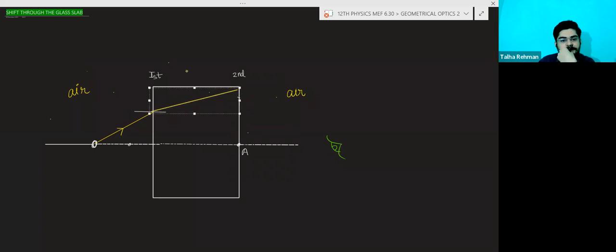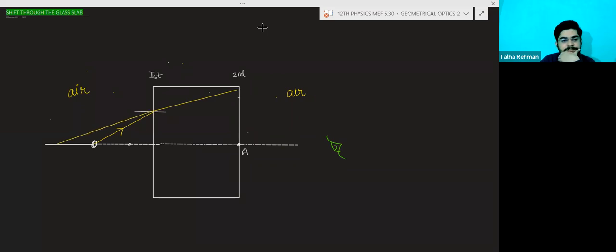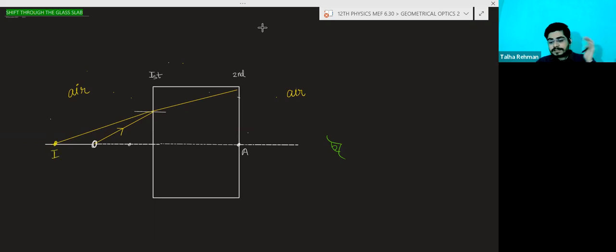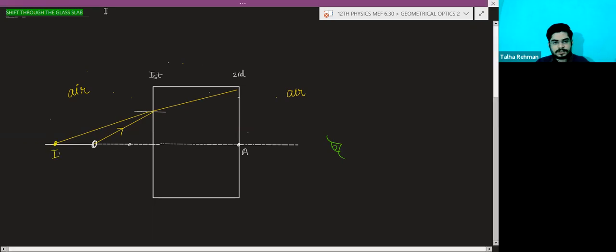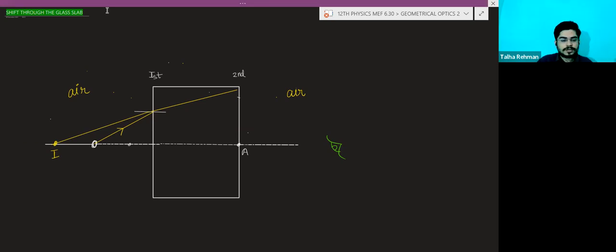When you produce this ray in the backward direction, it will appear somewhere here, and this will be the image, when an observer is watching the light ray through this slab.